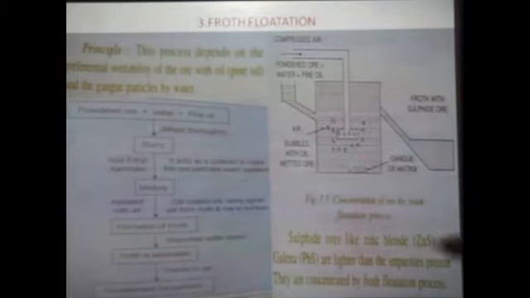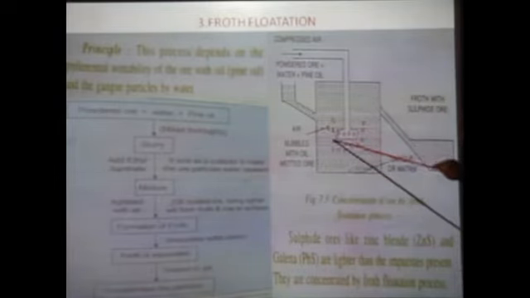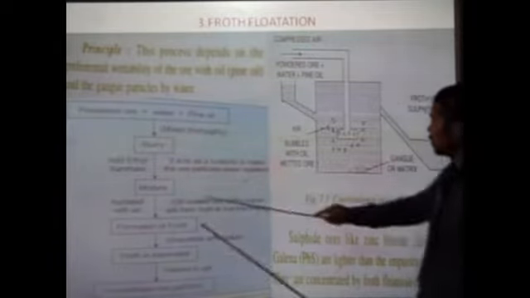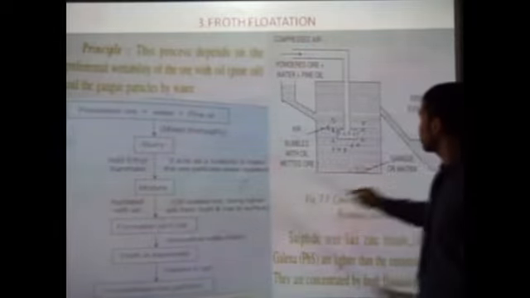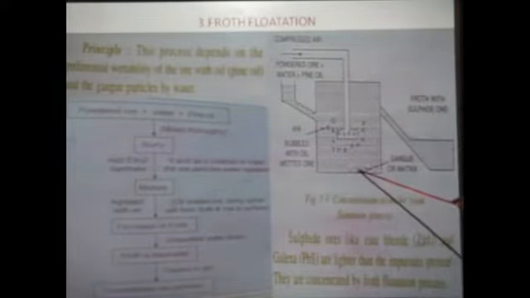Gangue or impurities, the matrix, settle down. But the ore will go up in the form of bubbles. So froth is formed, impurities settle down, and then this froth is separated.